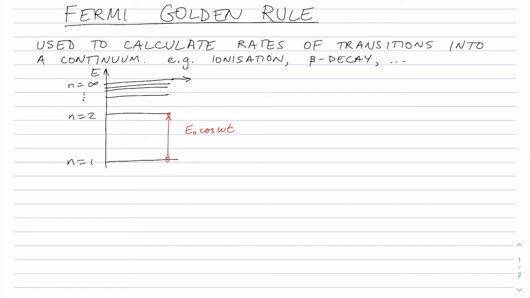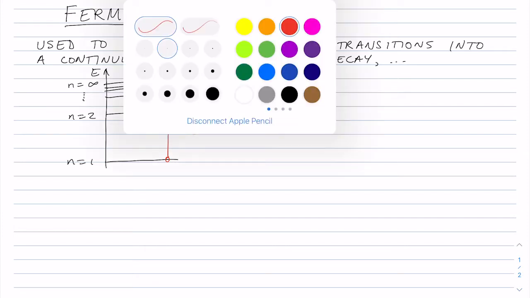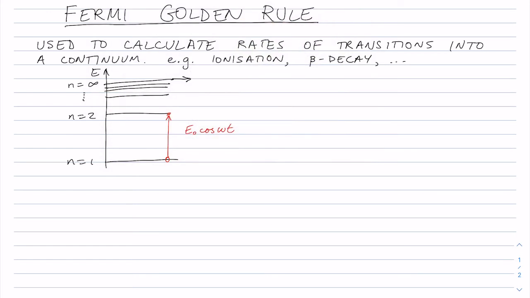But now we're asking a slightly different question. We've got the same setup, but we want to know what happens if we have an electron being kicked out from here all the way up into the continuum, some level up there.